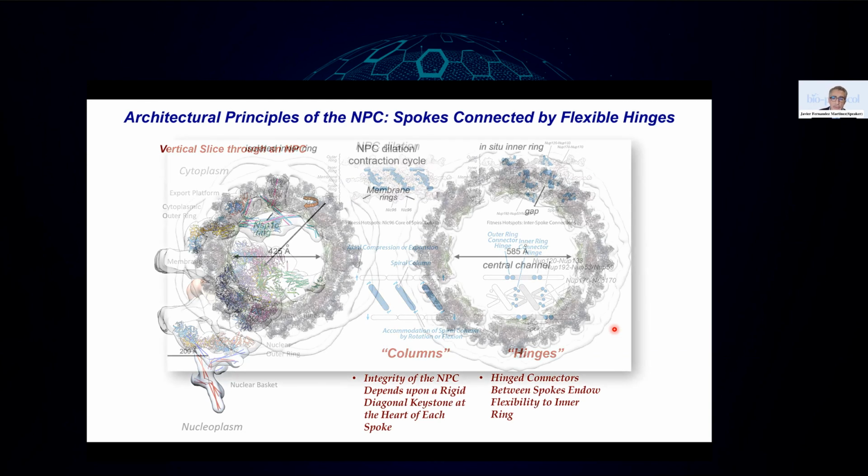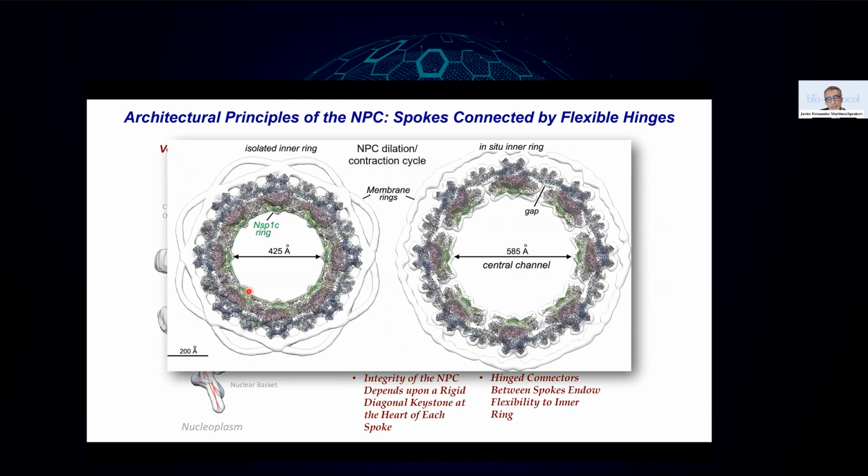When we look at those two different structures, two different cryo-EM maps, we saw that the isolated NPCs seem to be adopting a constricted structure where each of the spokes is really close to each other, establishing these hinge connections.